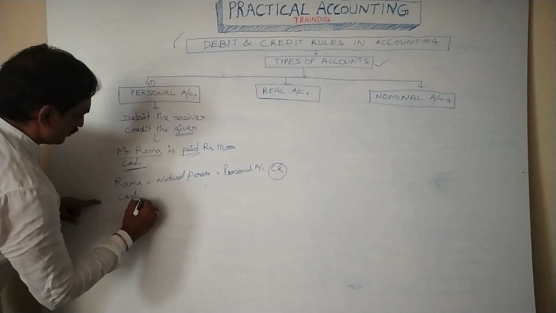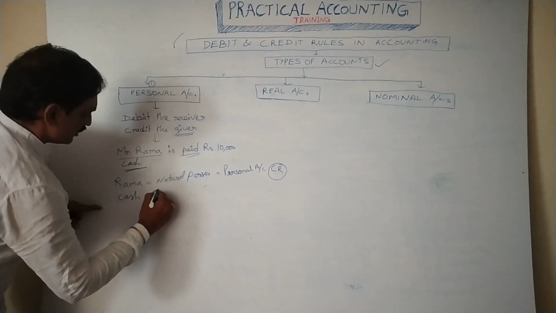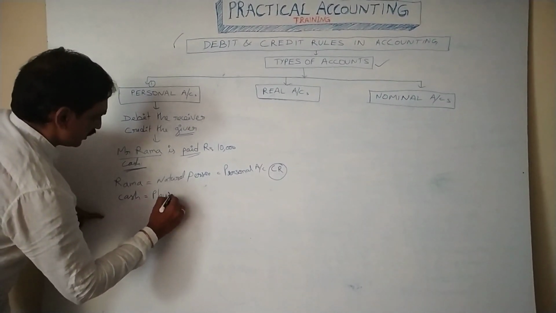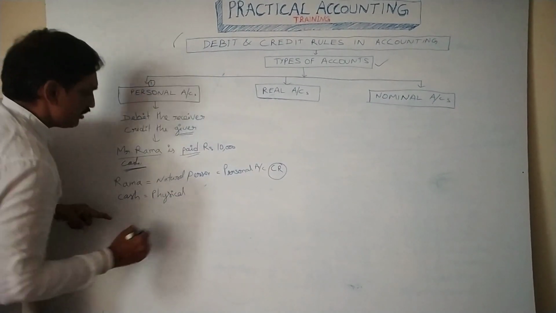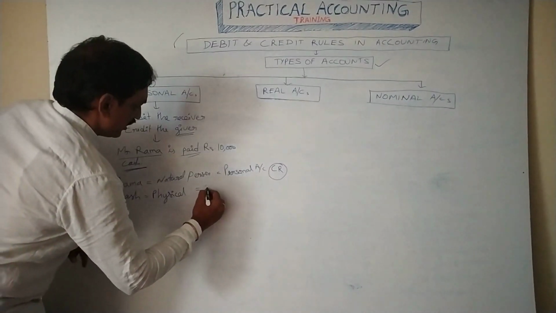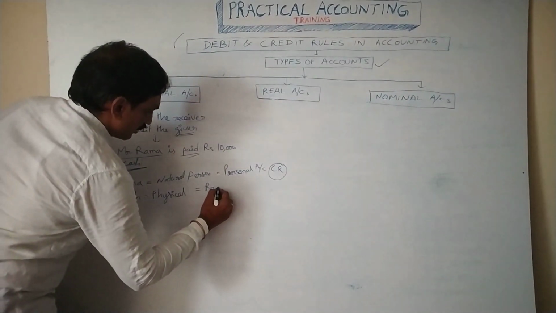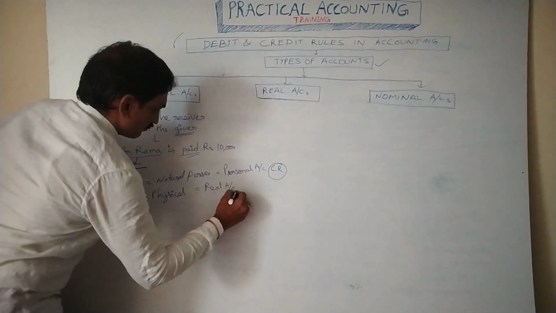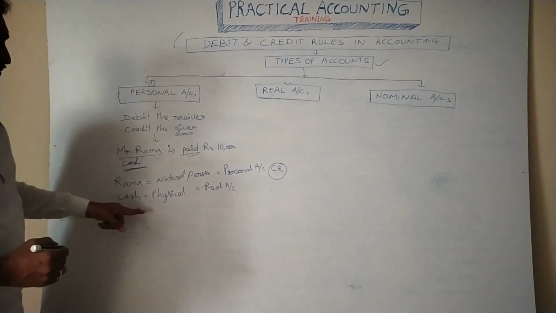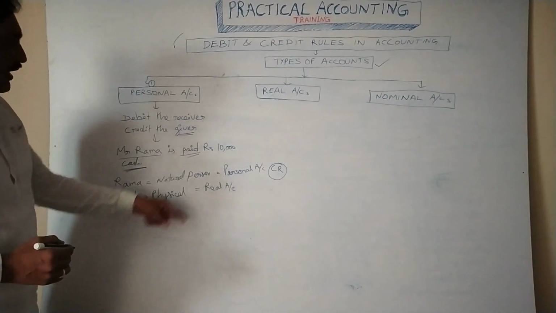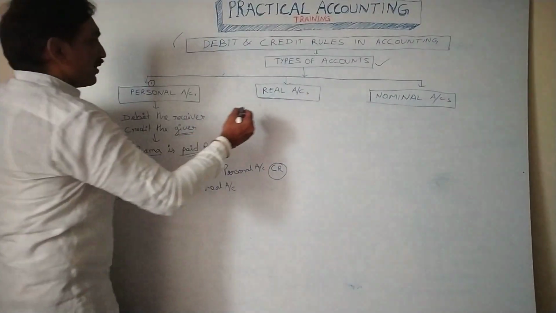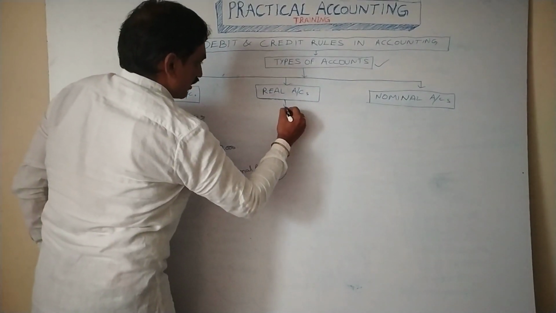It is nothing but physical cash. So it is a real account. Let us see here itself what the golden rules for real accounts are.